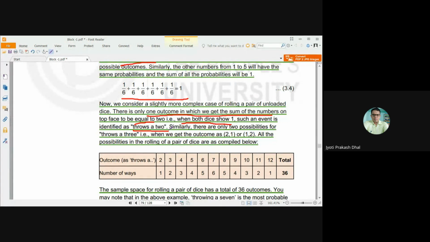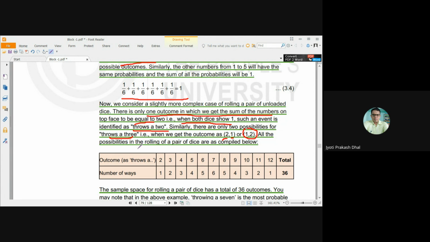Similarly, there are only two possibilities for throws a 3. The first dice will be 2 and the second dice will be 1, and the other possibility is the first dice will be 1 and the second dice will be 2.